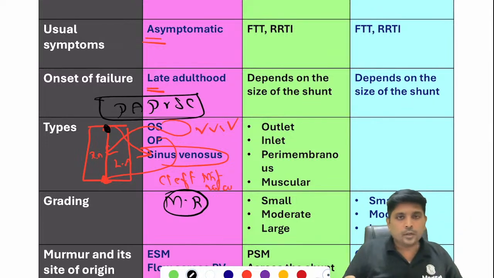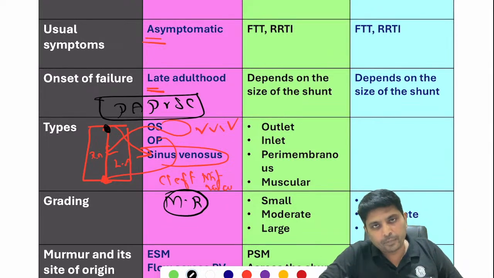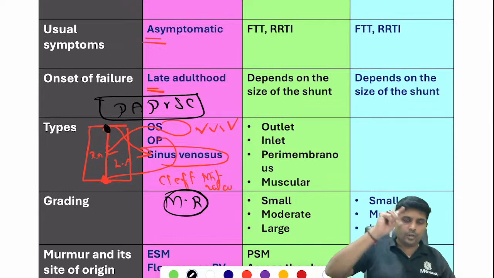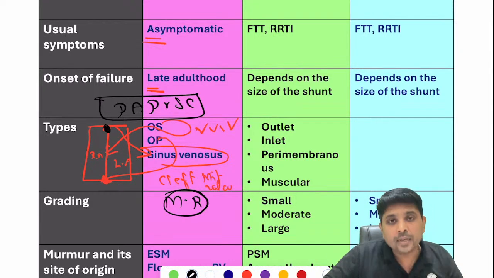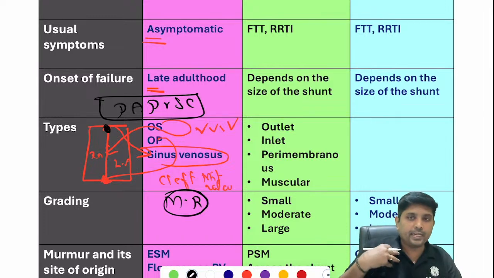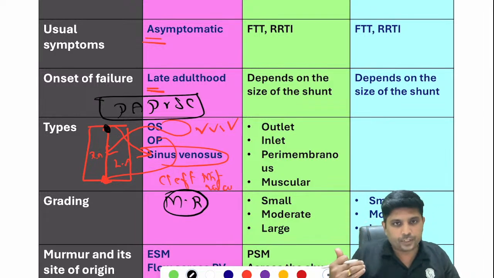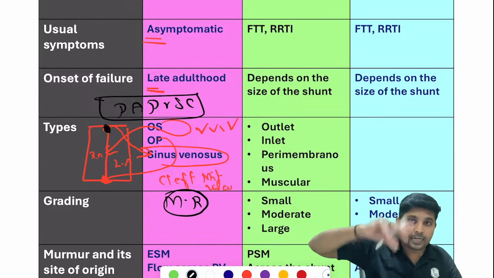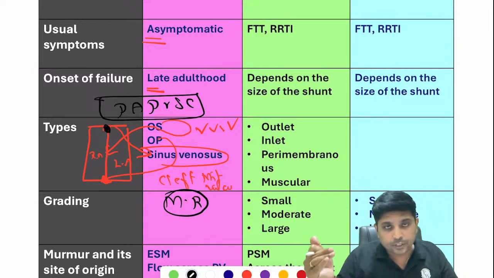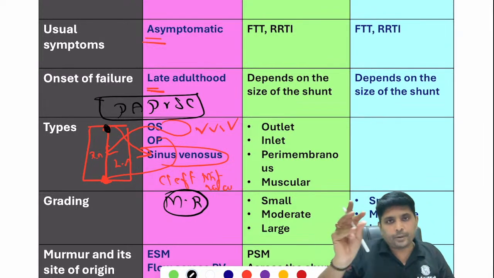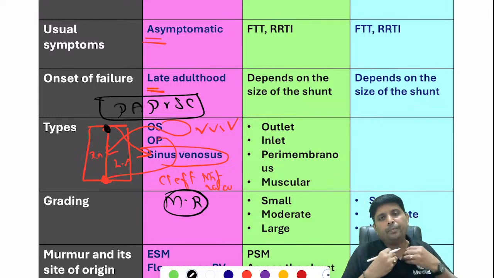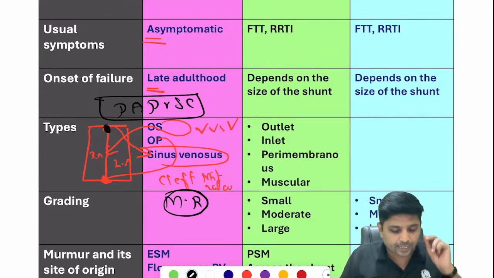That means two pulmonary veins will be draining into the left atrium, whereas another two pulmonary veins will be draining into the SVC. The blood that comes from the SVC goes into the right atrium, and what will happen? Some amount of blood will be mixing across the sinus venosus ASD.